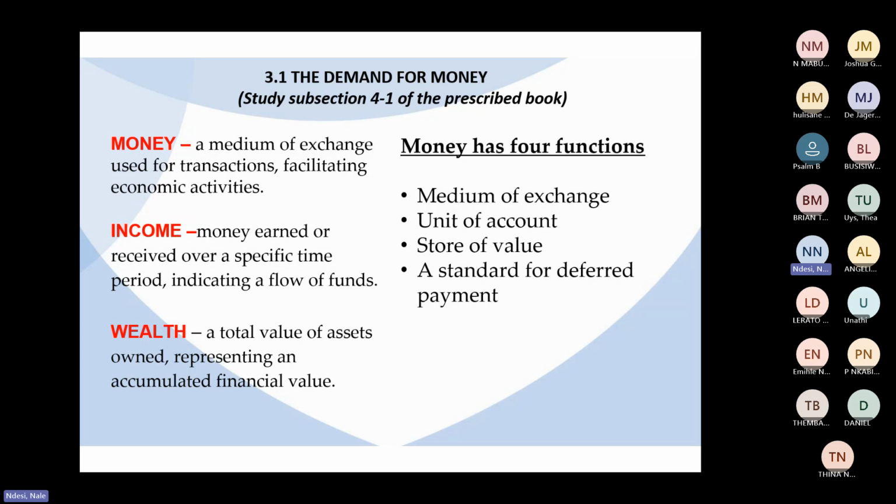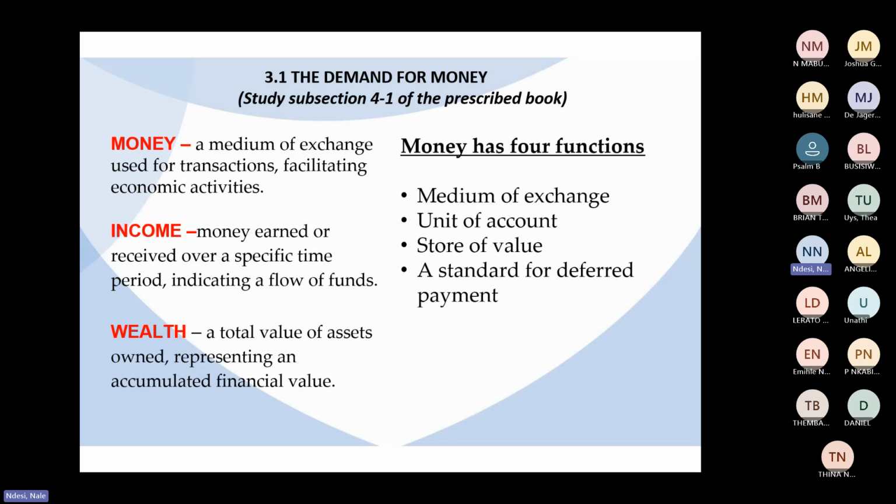Also, we should take note that money has its functions. It can be used as a medium of exchange, unit of account, store of value, and a standard for deferred payment. Money as a medium of exchange means that goods and services are exchanged for money according to their allocated value.